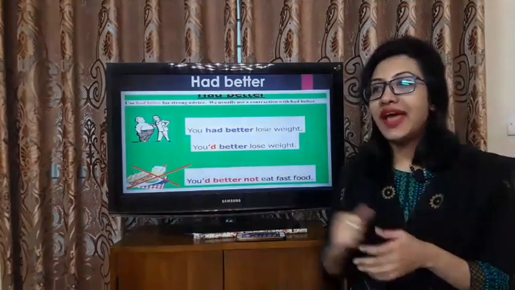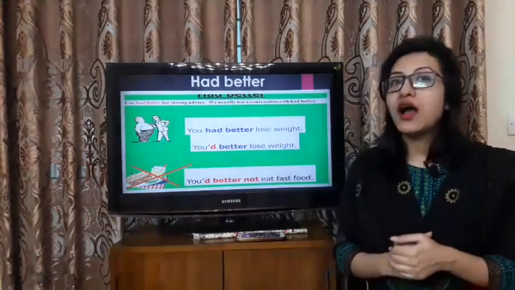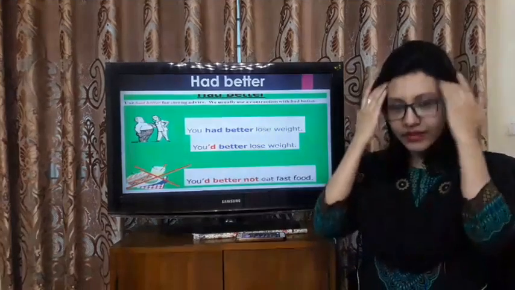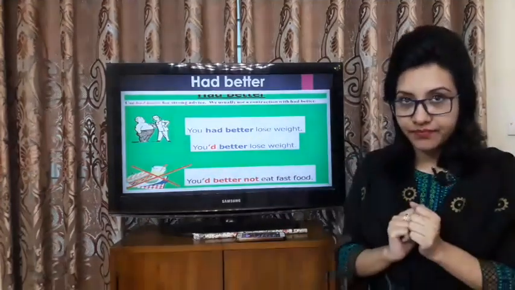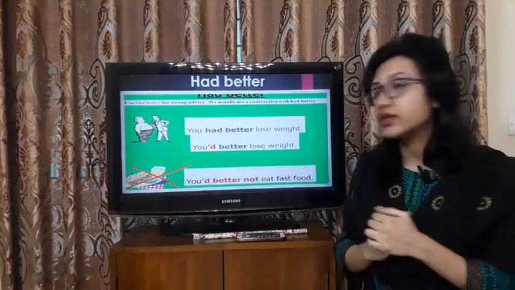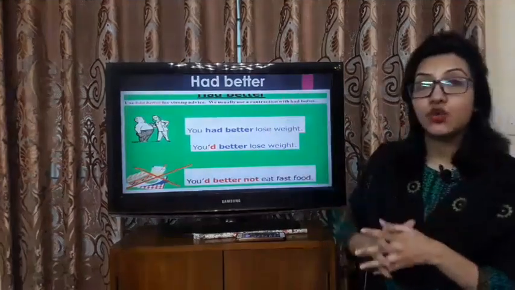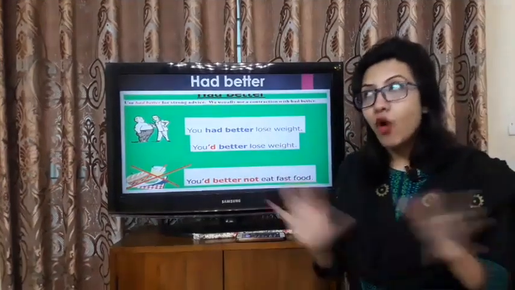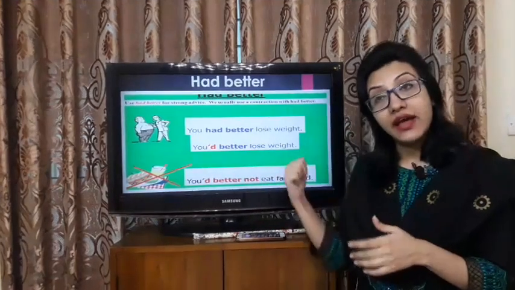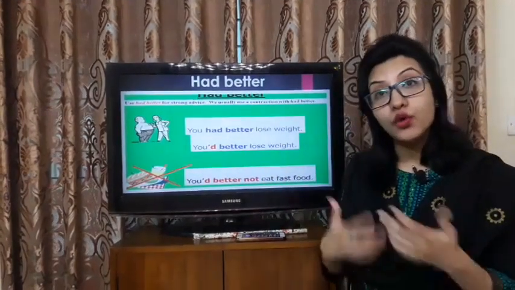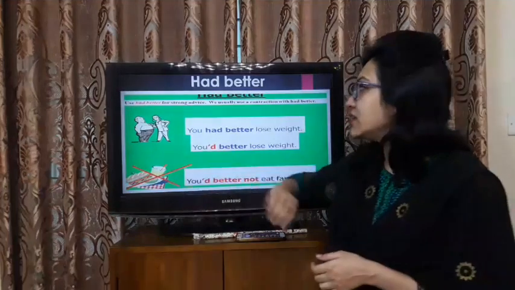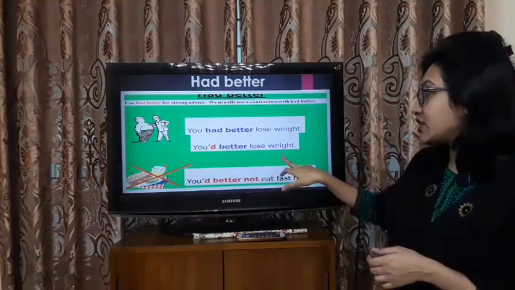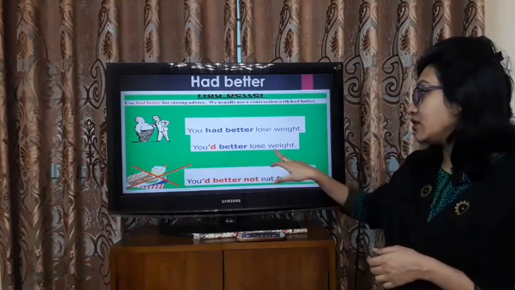had better হচ্ছে একটা অ্যাডভাইস. আর would rather যখন ইউজ হচ্ছে, would rather এর মধ্যে দুইটা আমার অপশন আছে, একটার থেকে আরেকটা আমার কাছে বেশি পছন্দের. বাট had better যখন ইউজ হয়, সেখানে আমার অপশন নেই. অ্যান্ড এটা অ্যাডভাইস দেওয়ার ক্ষেত্রে, কাউকে উপদেশ দেওয়ার ক্ষেত্রে আমরা ইউজ করি. For example, this is a person: you had better lose weight, you'd better lose weight.